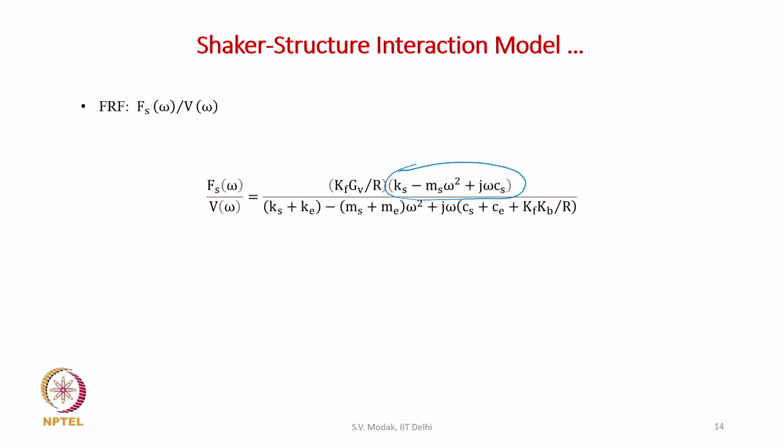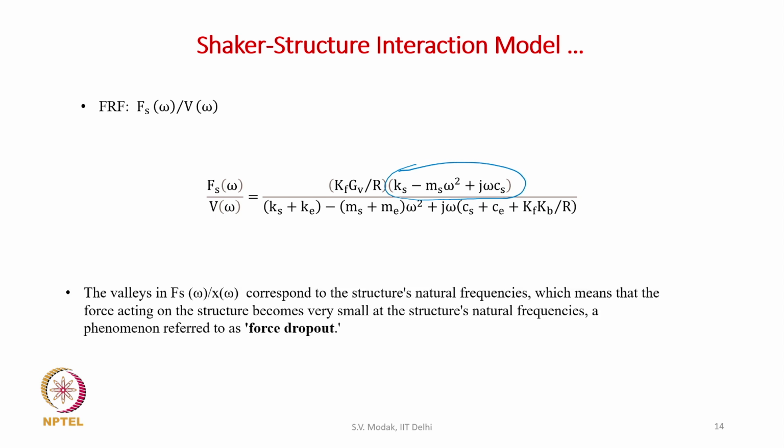Now, the numerator of this FRF becomes very small at frequencies equal to the natural frequency of the structure. So, when omega becomes close or equal to omega n, the natural frequency of the structure, the magnitude of this numerator will become very small, which basically means that the force which is shared by the structure at these frequencies would be very small.